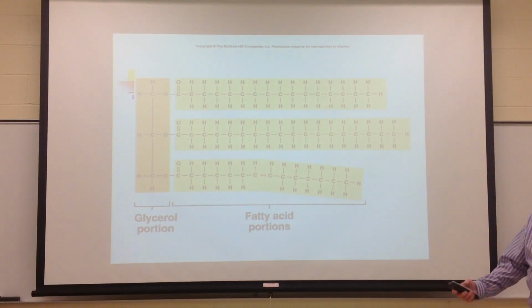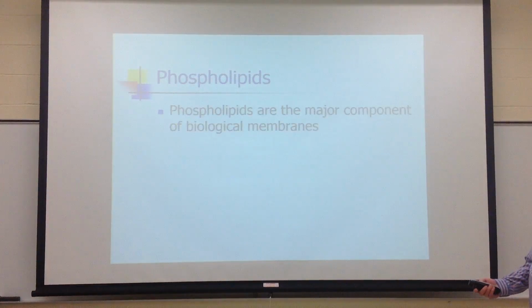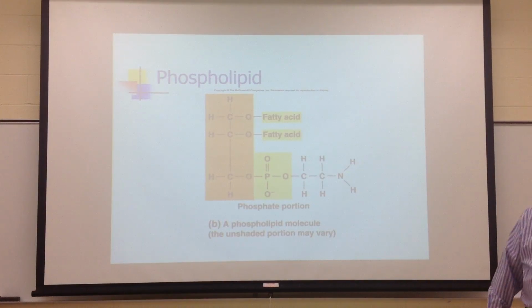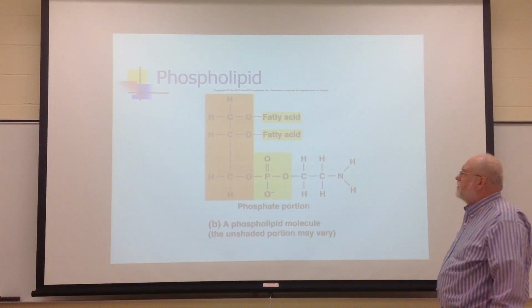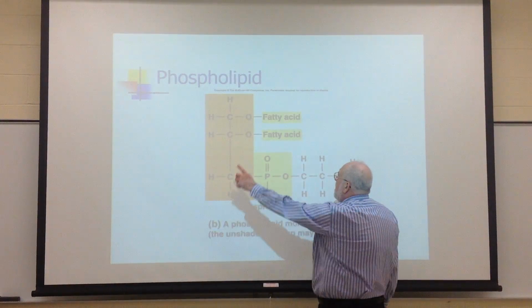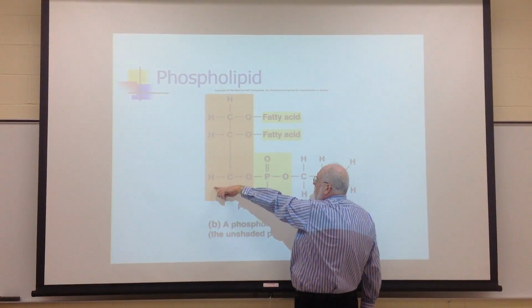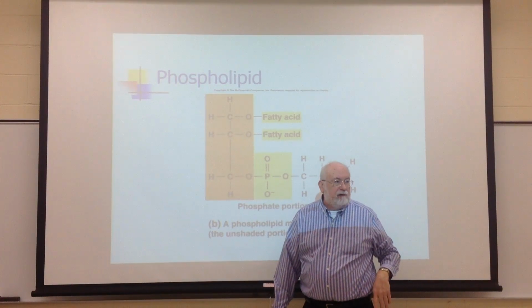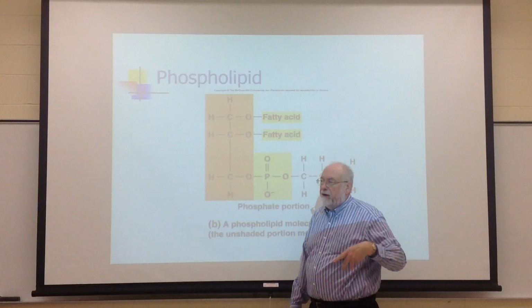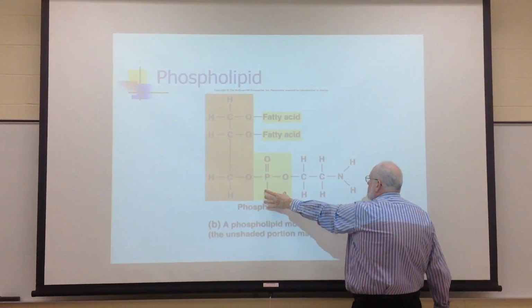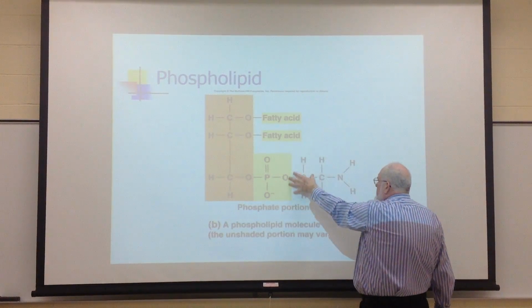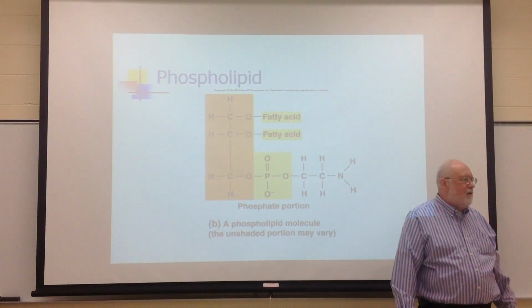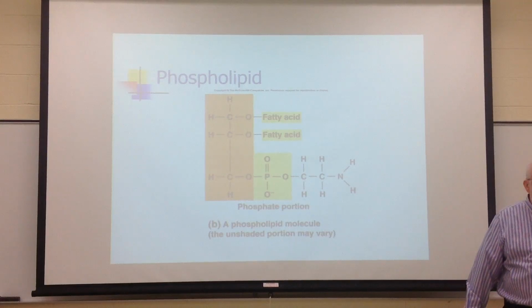Right? Now, kick it up a notch. If we go to phospholipids, what are we going to find? Well, here's kind of a graphic representation of it. There's the glycerol. The fatty acids, again, would just be carbon and hydrogen, and throw in an oxygen or so. And here's a phosphate, and then here's something that some of them, not all of them, have. It's what we could call an amino alcohol.